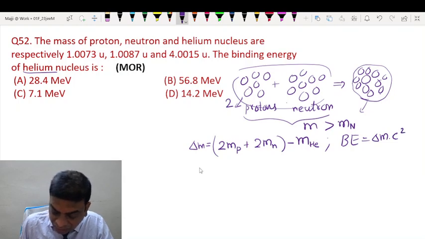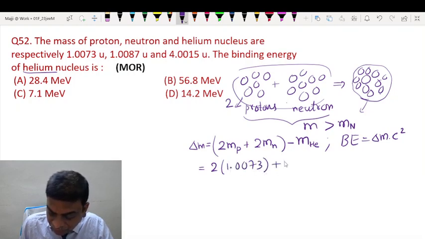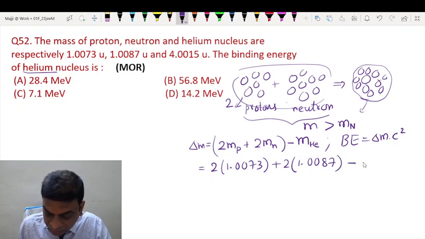Now, twice into mass of proton. Mass of proton is 1.0073 atomic mass unit. Similarly, mass of neutron is 1.0087. Minus mass of helium nucleus, which is 4.0015 atomic mass unit.